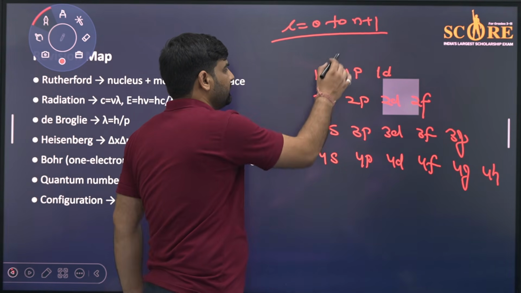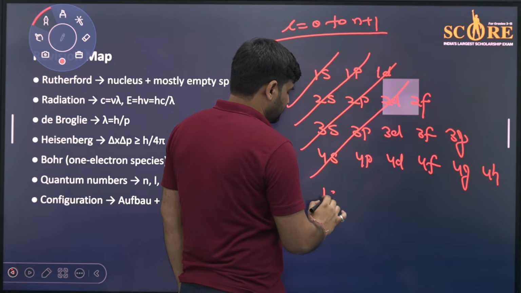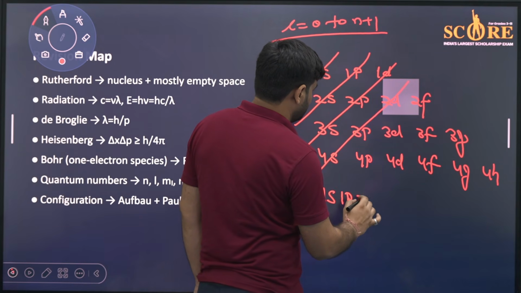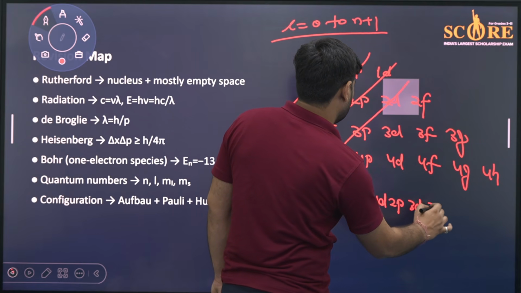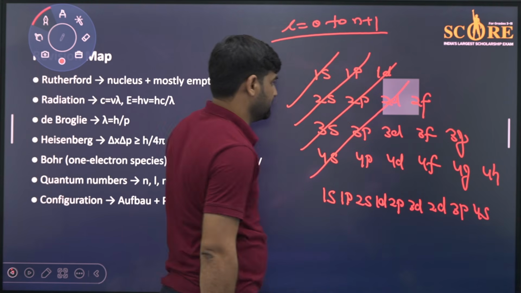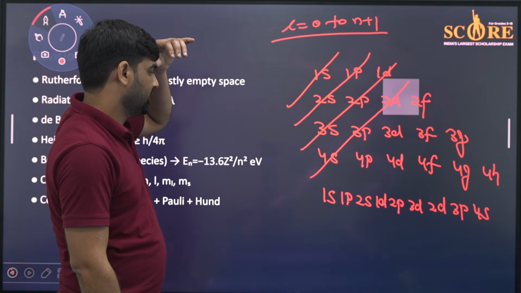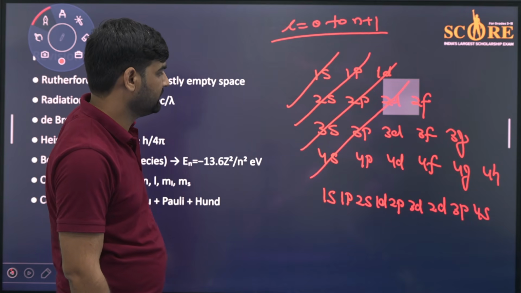So the energy order will be decided by this: 1s, 1p, 2s, 1d, 2p, 3s, 2d, 3p, 4s, etc. I think you can understand the energy order will be this.